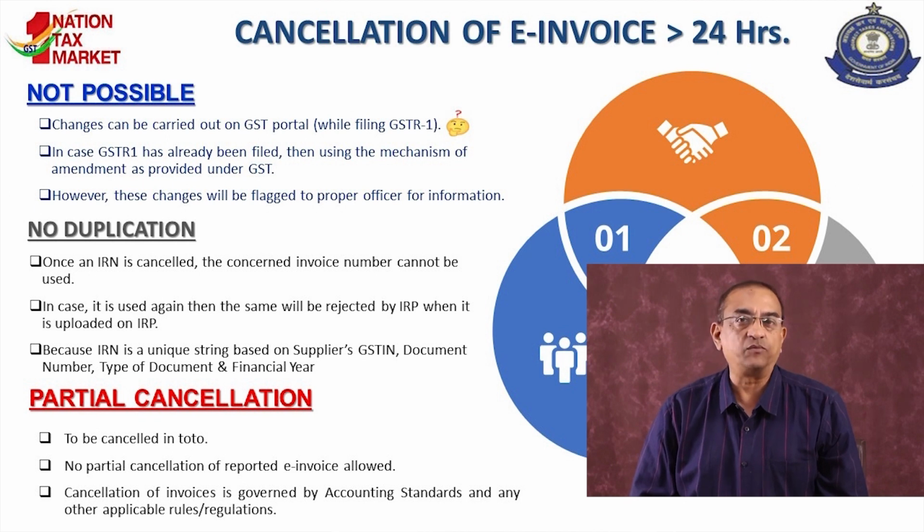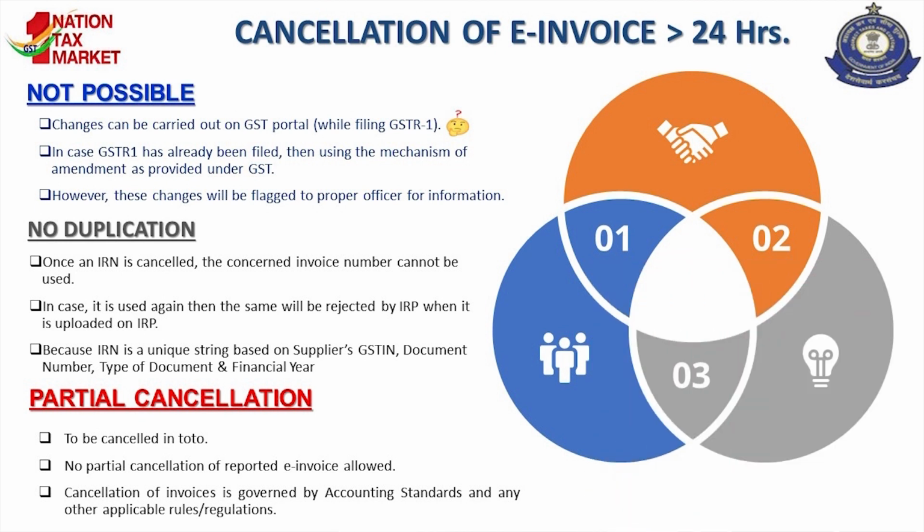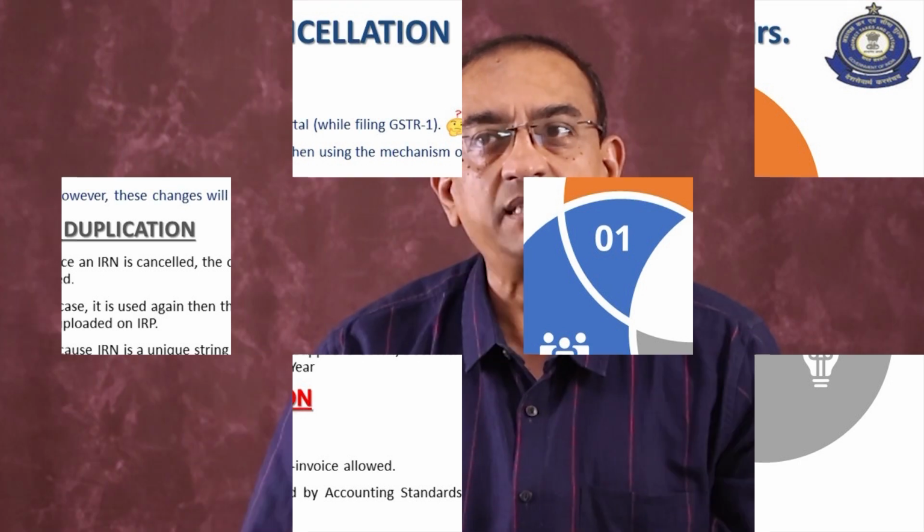The entire tax invoice will have to be cancelled and a new and fresh tax invoice will have to be generated for that supply which has fructified, and the e-invoice should be cancelled in toto, and for that invoice which has fructified, a fresh invoice reference number will have to be generated. As it was told earlier, the new tax invoice will have to carry a new tax invoice number and the earlier number cannot be used for the new tax invoice.